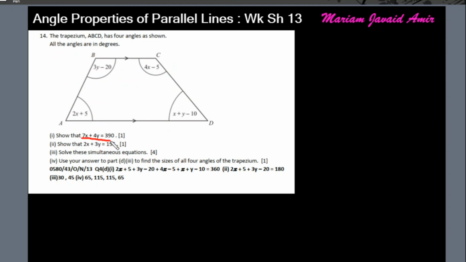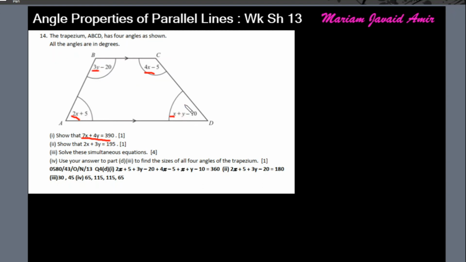So which one of those would it be? 390 is pretty close to 360 as compared to 180. Also, when we add all these angles, we get 7x, and by adding 3y and y, we get 4y.